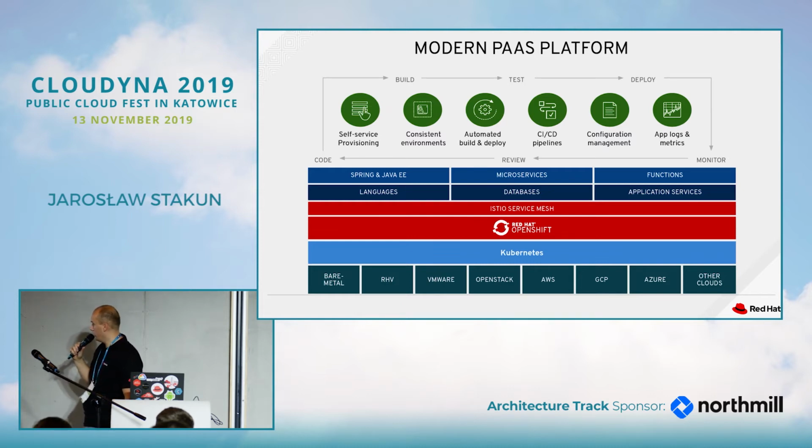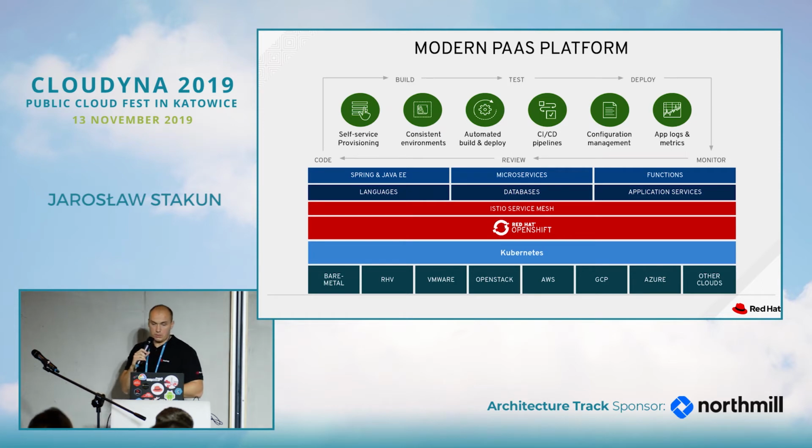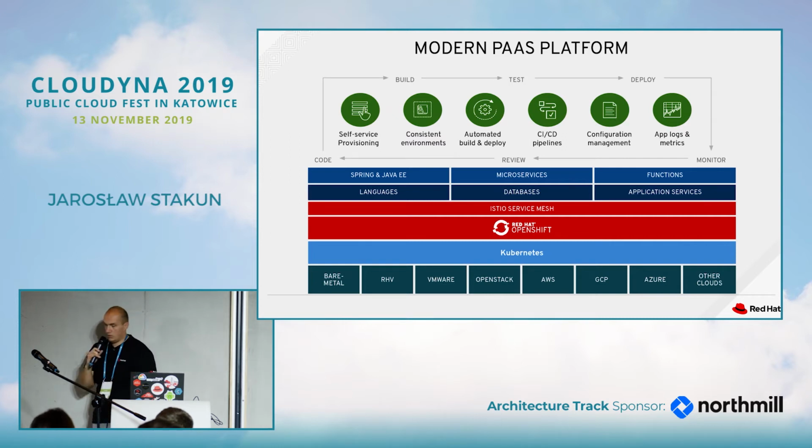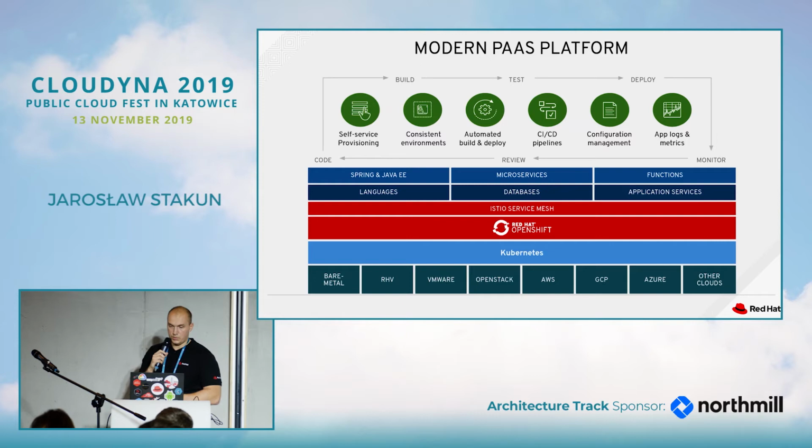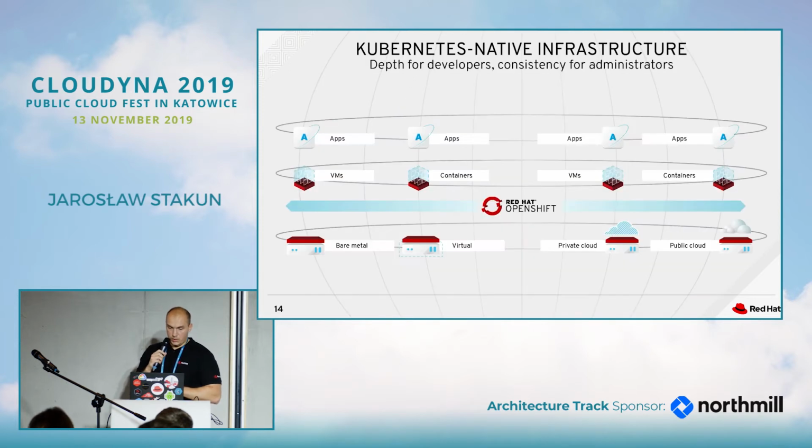Quite an important component from this presentation point of view is service mesh, which I will talk about later, which basically allows us to build and manage the communication between the microservices in our containerized application. But I will come back to that.